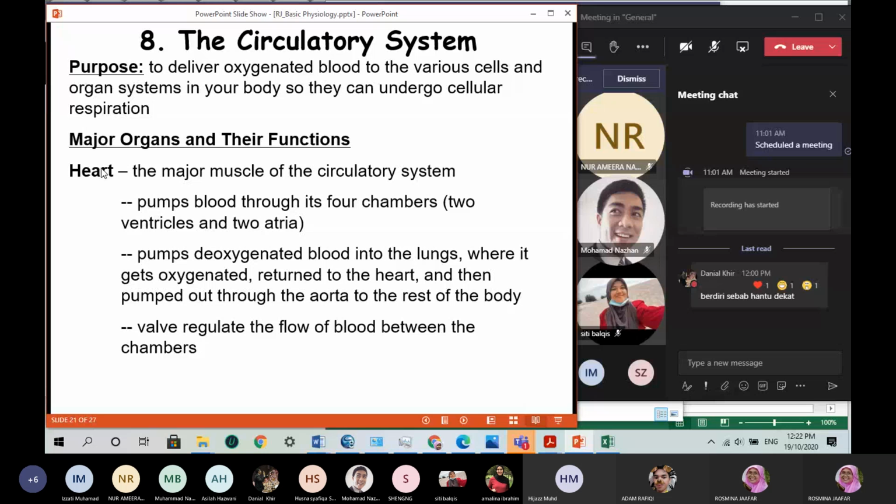And this happens every second. So that on average, you will have about 60 beats per minute. And the heart is actually to circulate the blood.